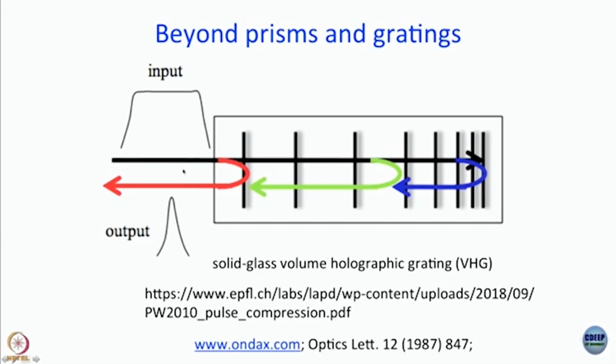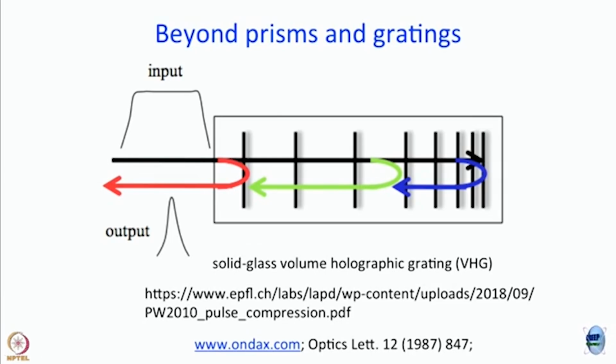So, if your input was a broad chirped pulse, provided the chirp is such that red trails and blue leads, then this kind of an arrangement is going to give you a compressed output. Otherwise, the sequence of reflecting mirrors has to be opposite.